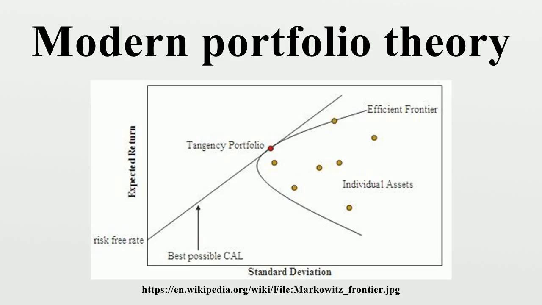MPT is a mathematical formulation of the concept of diversification in investing, with the aim of selecting a collection of investment assets that has lower overall risk than any other combination of assets with the same expected return. This is possible, intuitively speaking, because different types of assets sometimes change in value in opposite directions.